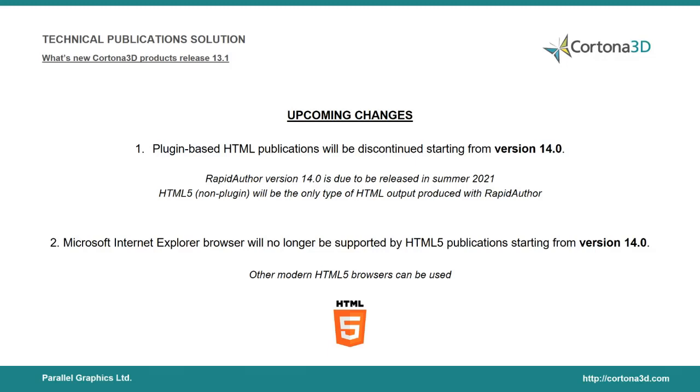HTML5 or plugin-free publications will be the only kind of HTML produced with RapidAuthor, meaning you will not see any publish options that allow you to create plugin-based publications. And secondly, plugin-free publications will not support Internet Explorer, so consider using other modern HTML5 browsers.